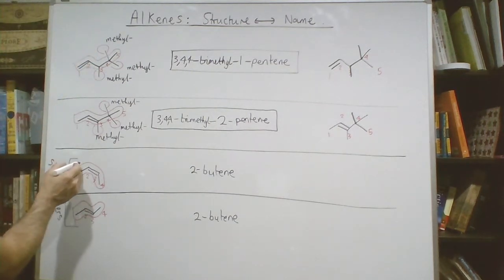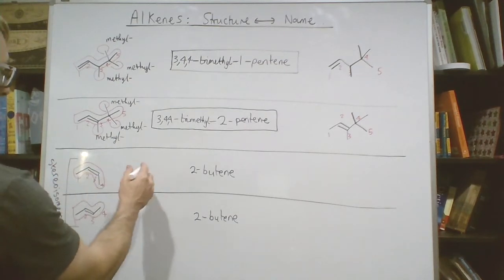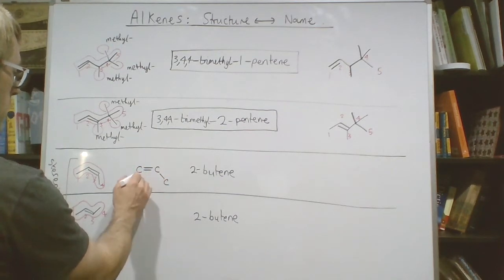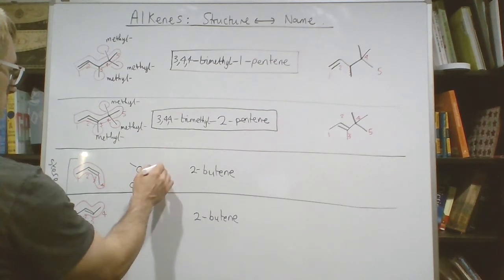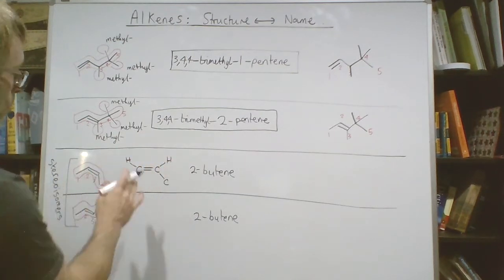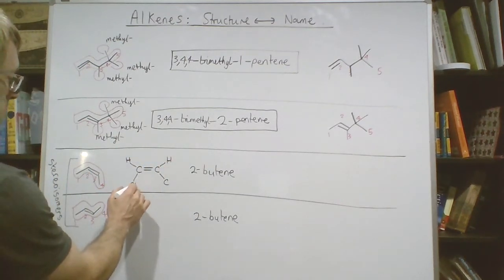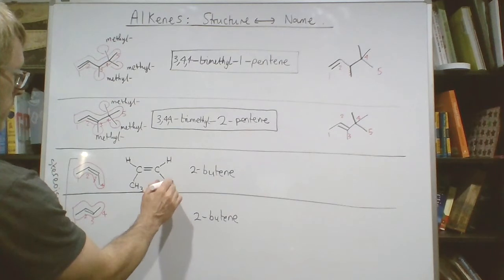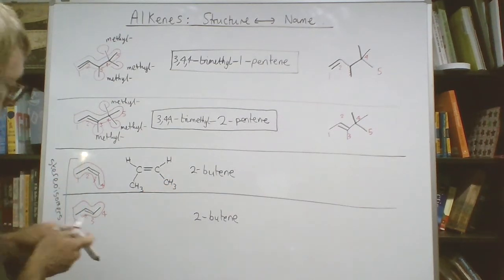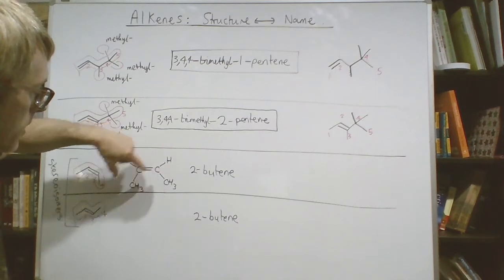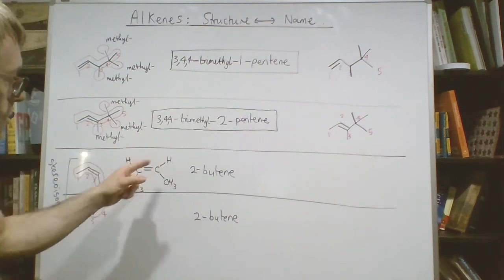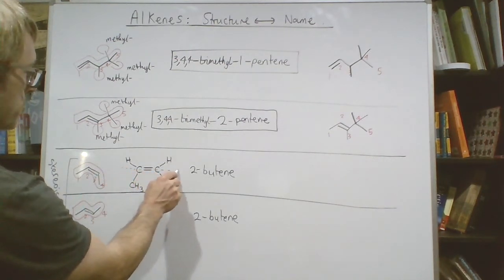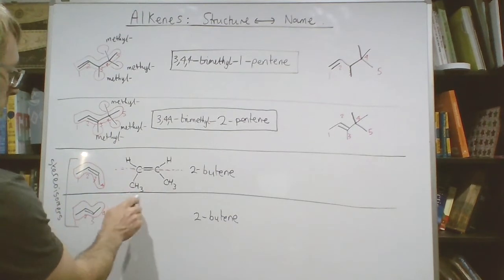If I were to look at the double bond axis, let's redraw this a little bit. Typically we don't bother drawing the hydrogens, but let's do it on this occasion. Let's put the hydrogens back in. So it looks like I've got 2 methyl groups close together and 2 hydrogens close together. So if I were to look along the axis of the double bond, then the methyls are together.